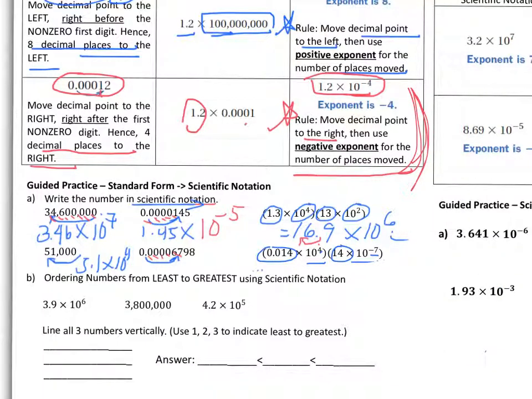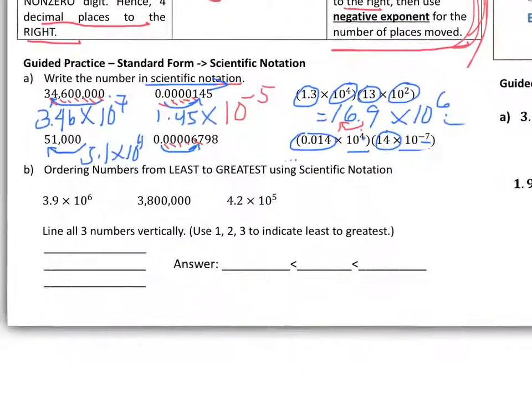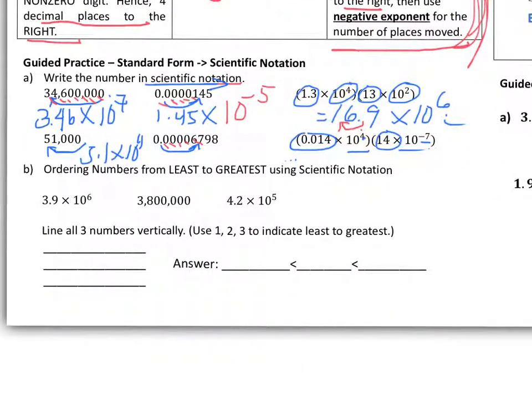Okay, now we want to order the numbers from least to greatest using scientific notation. Okay, 3.9 times 10 to the 6th is already in scientific notation, so I'm just going to write this here. I like to list my numbers vertically so I can see it better.